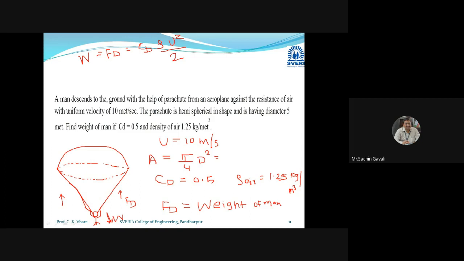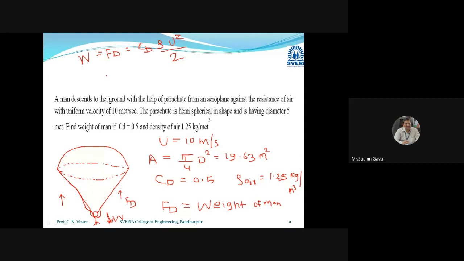Somebody can tell the projected area. 19.63 meter square. All right? Meter square. And velocity is given, so CD is known, rho is known, u square is known.